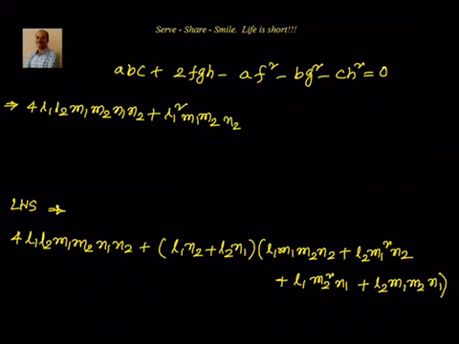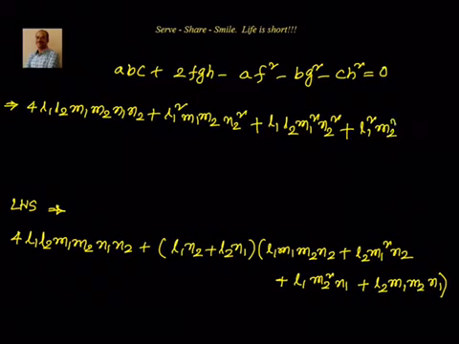Plus L1 N2 into L2 M1 square N2, that is L1 L2 M1 square N2 square. Let's go to the next term, L1 N2 into L1 M2 square N1, that is L1 square M2 square N1 N2.